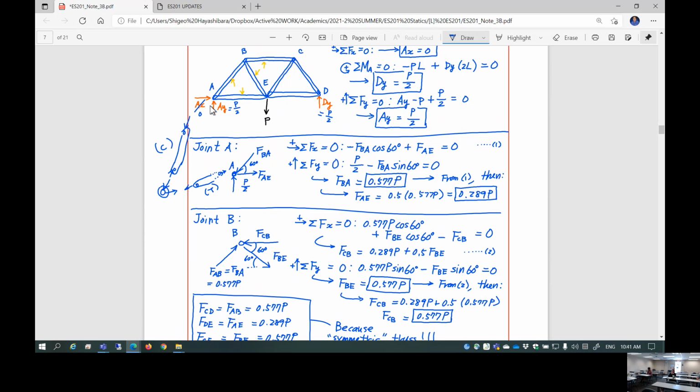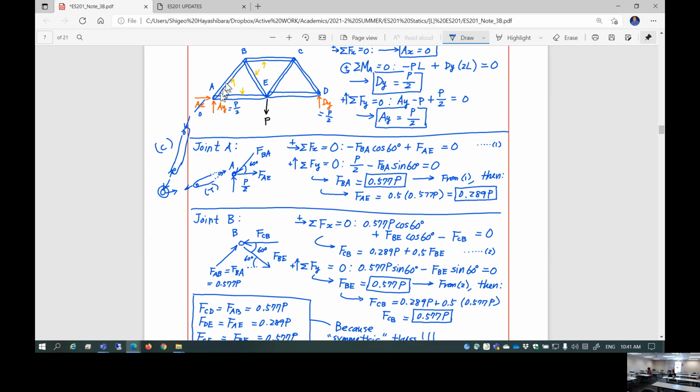Although AY is a reaction force. So the reaction force is sort of pushing this member AB up.